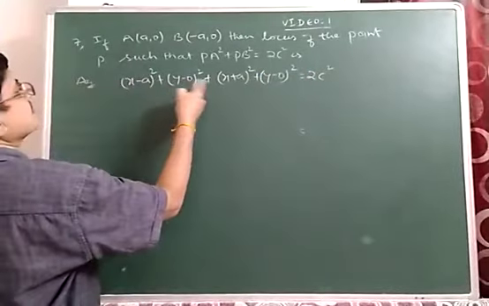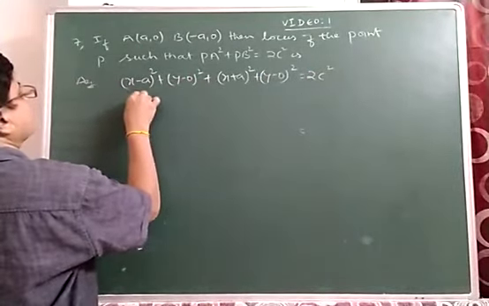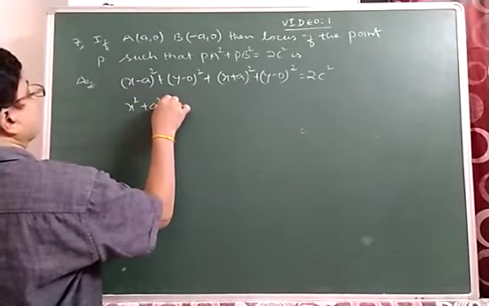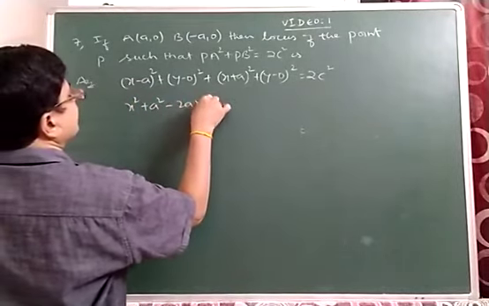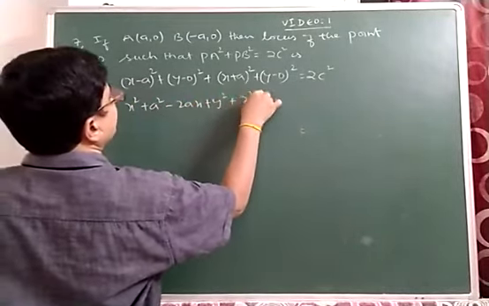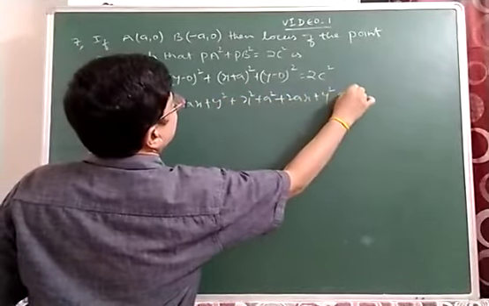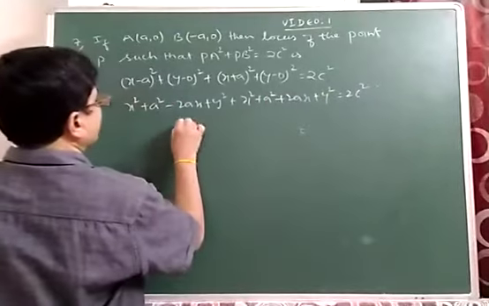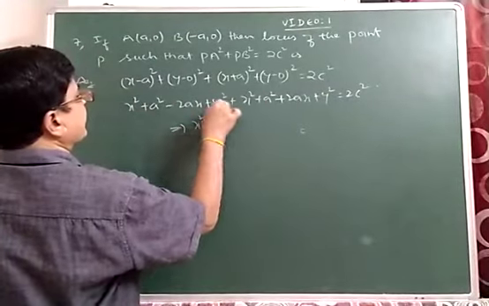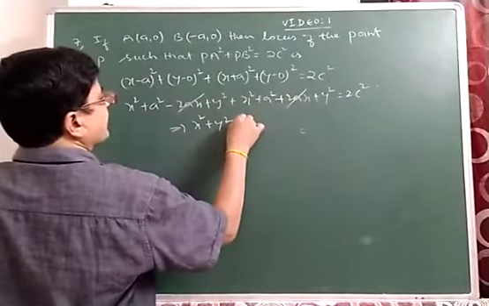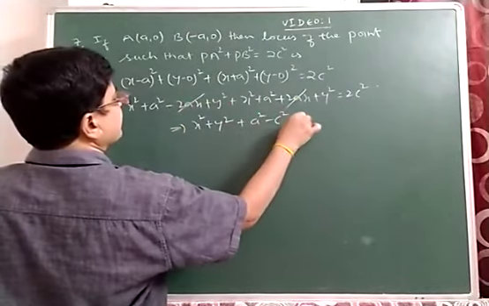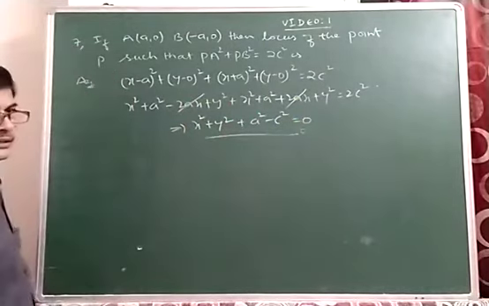Now this is x square plus a square minus 2ax plus y square plus x square plus a square plus 2ax plus y square is equal to 2c square. So that implies x square plus y square plus a square minus c square is equal to 0, which is the required locus.